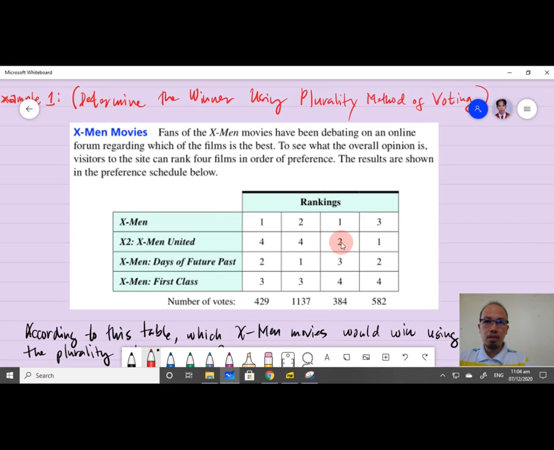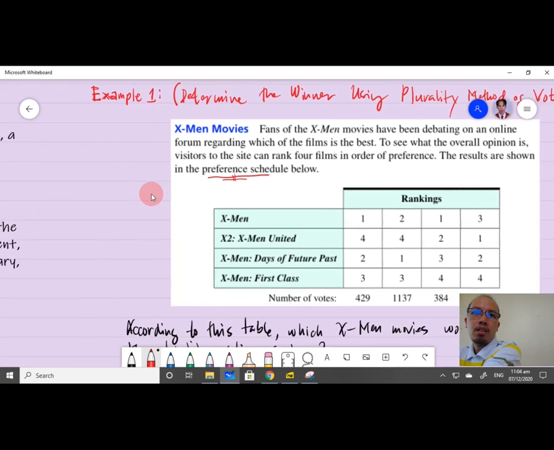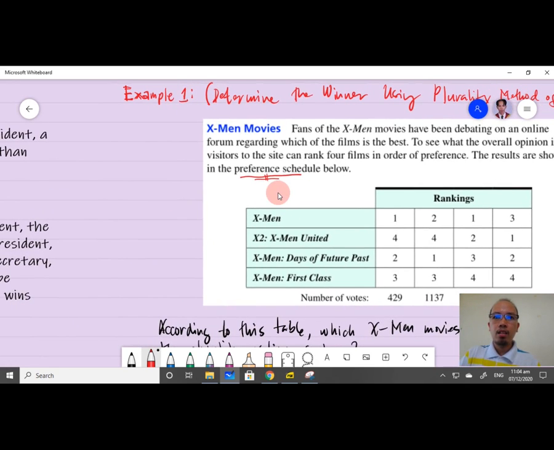Let me explain this preference schedule. So what do we mean by a preference schedule? Let me give a meaning. Okay, let me write it here.